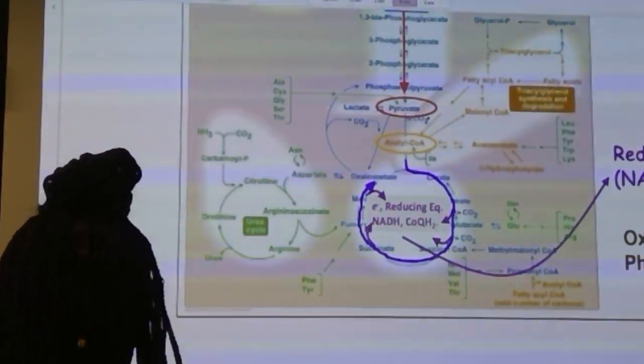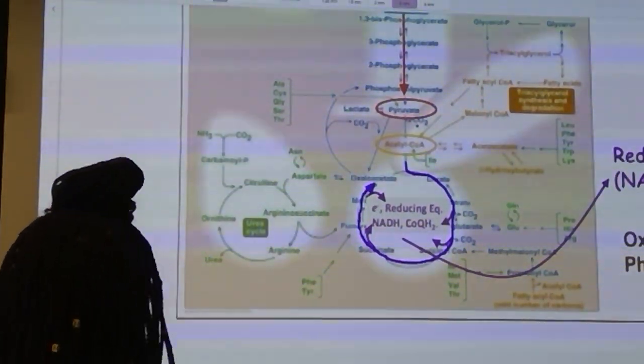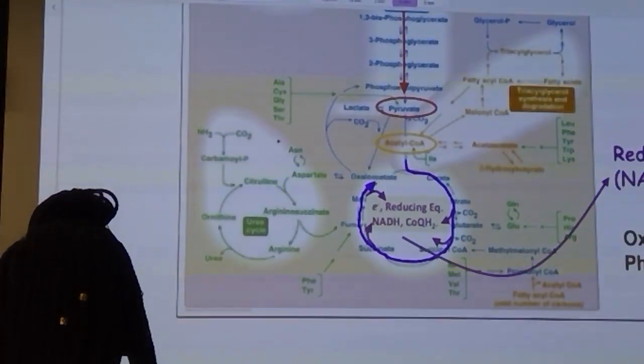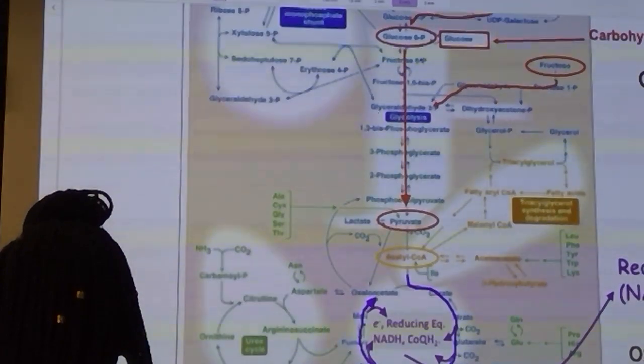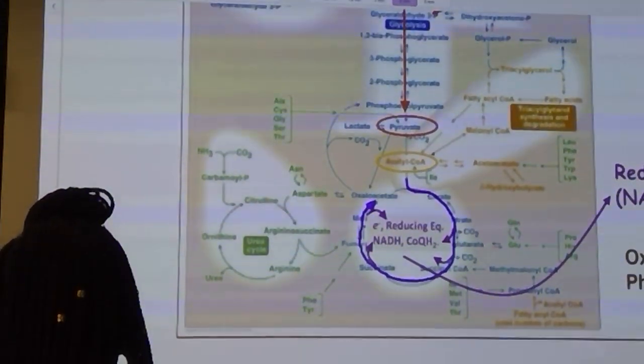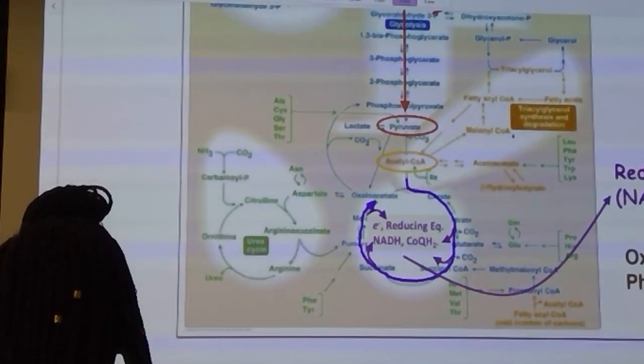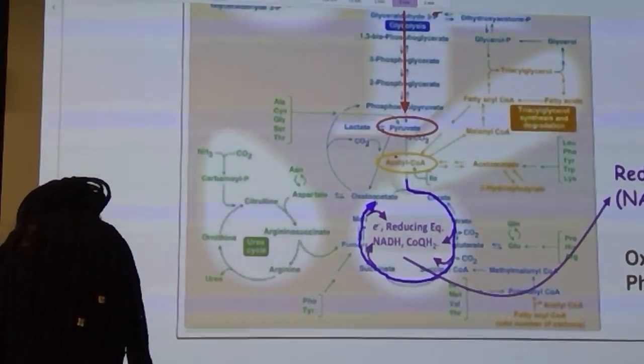So you need to know your sources of pyruvate and acetyl-CoA. The sources of pyruvate are amino acids, lactate, and glucose. The sources of acetyl-CoA are amino acids, fatty acids, and pyruvate.